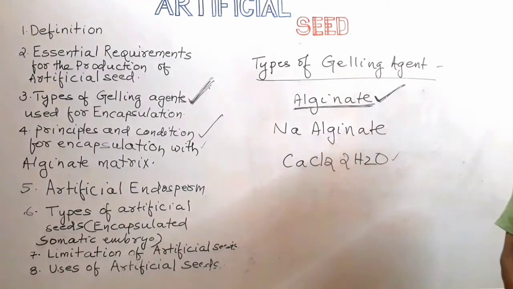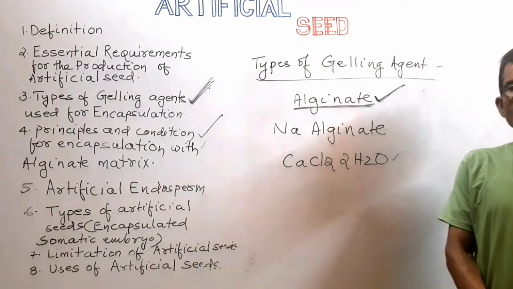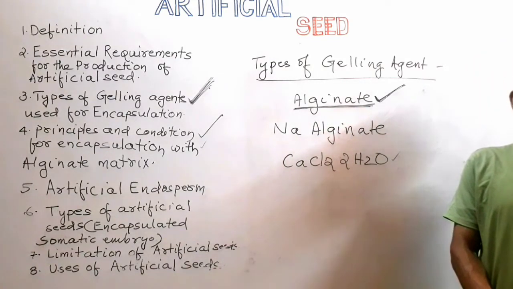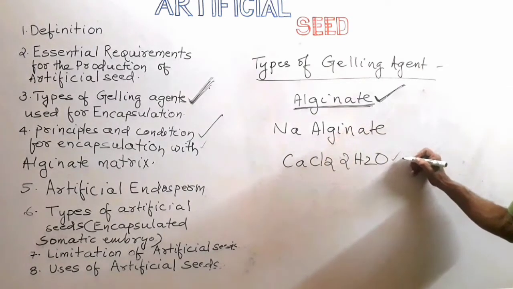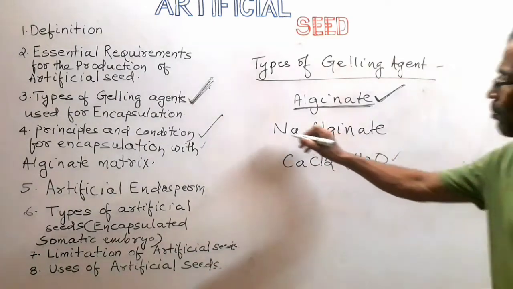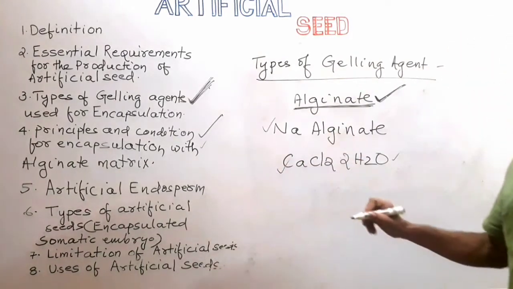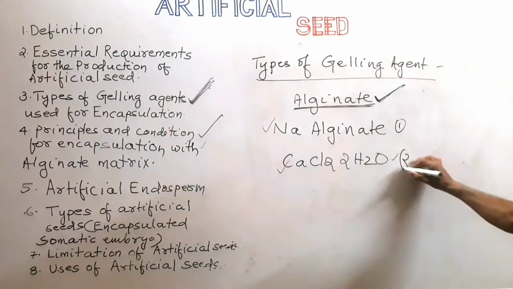The rigidity of the alginate bead depends upon the number of sodium ions that are exchanged with calcium ions present in the calcium chloride solution. So bead formation occurs due to exchange of sodium ion and calcium ion between sodium alginate and calcium chloride.